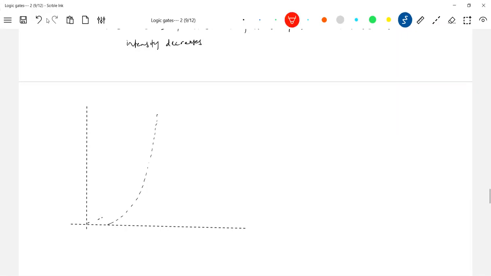Then red color. I'm trying to show the different LEDs in one graph only.